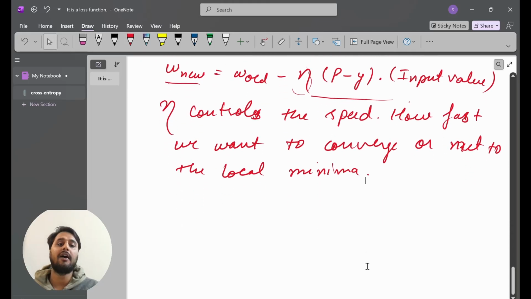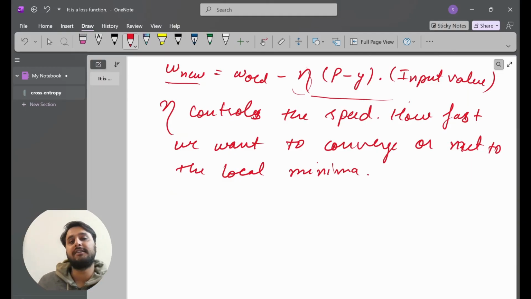So that is how we update our weights inside our transformer model.